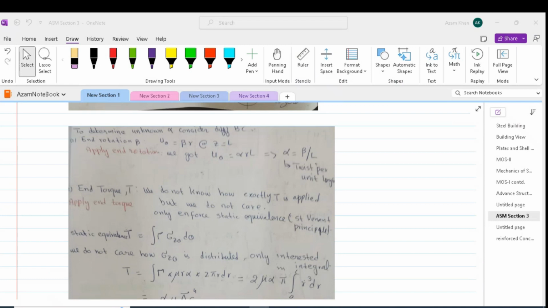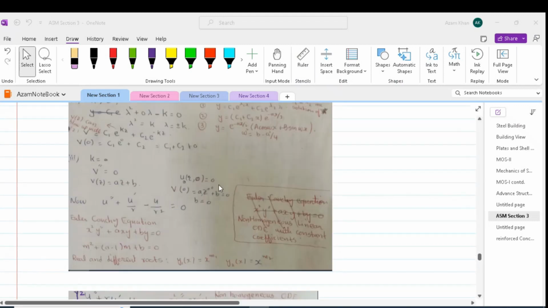Over here, it is important to mention what is called the Saint-Venant principle. Saint-Venant principle states that the effect of change of load or boundary condition becomes negligible at a sufficient distance from the point of application or the region of interest in a structural element. In other words, when a force or moment is applied to a structural component, the stress and deformation caused by that load becomes more uniform at a distance away from the point where the load is applied.